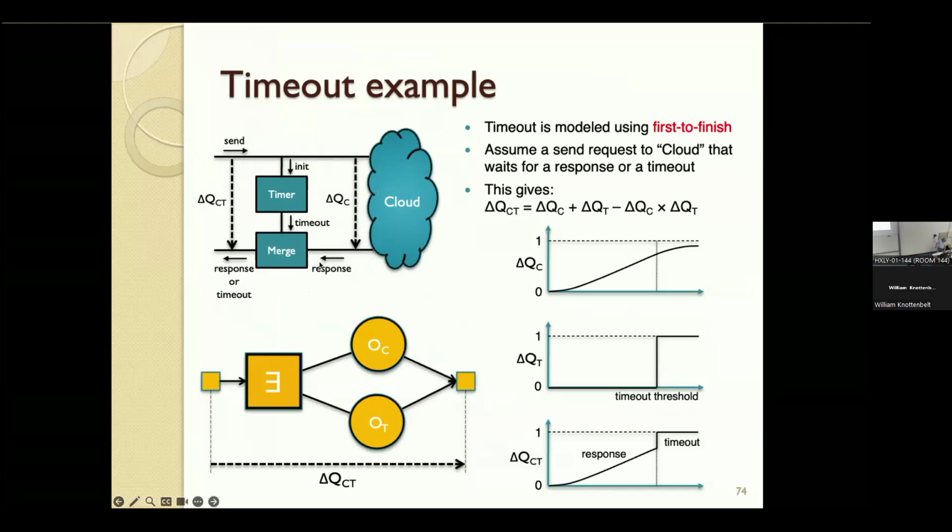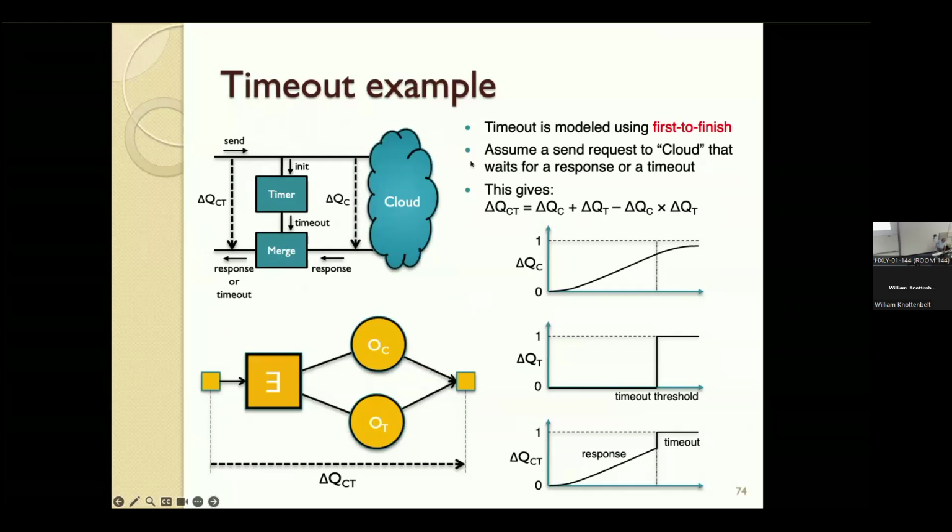Now, this response might take a lot of time, so we're going to do a timeout. That means when we do a send, we're going to start a timer, and this timer, after a given time, will have a timeout event. And whichever of these two events, the timeout and the response, happens first, is what the return is, okay?